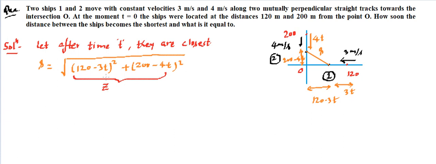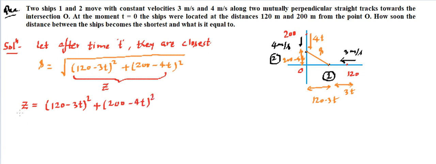That will make our calculation a little bit easier. So we are considering z, which is basically (120 minus 3t) whole square plus (200 minus 4t) whole square.